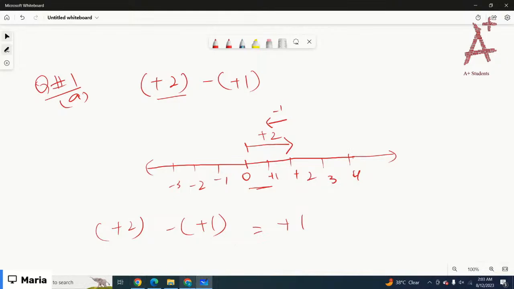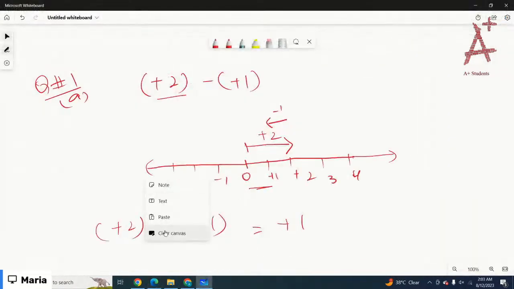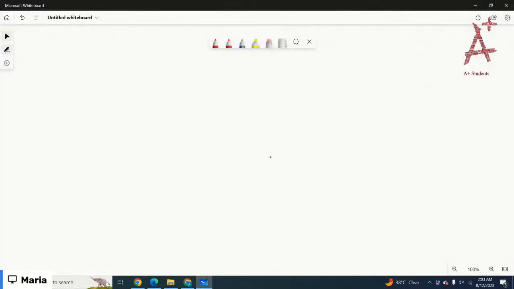Okay, let's just do another example. The other one is, let's do E part, negative 2 minus negative 6. Let's draw a number line here.